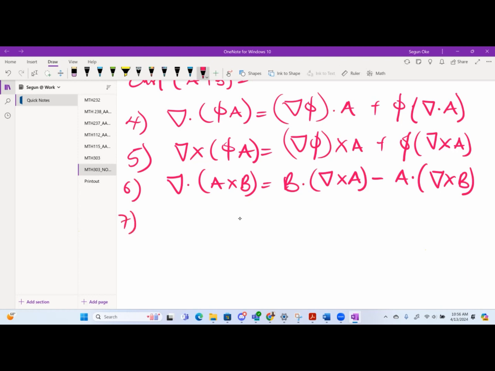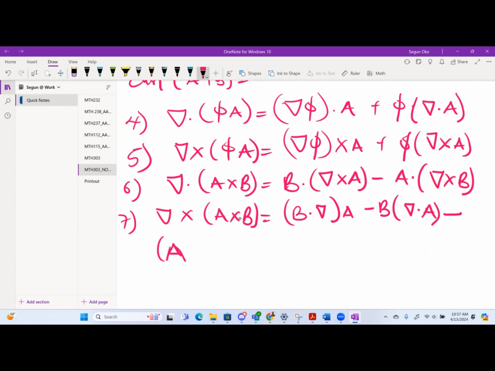Number 7 says del cross A cross B is the same thing as B dot del A minus B del dot A minus A dot del B plus A del dot B. So there are instances whereby we will need to do that.